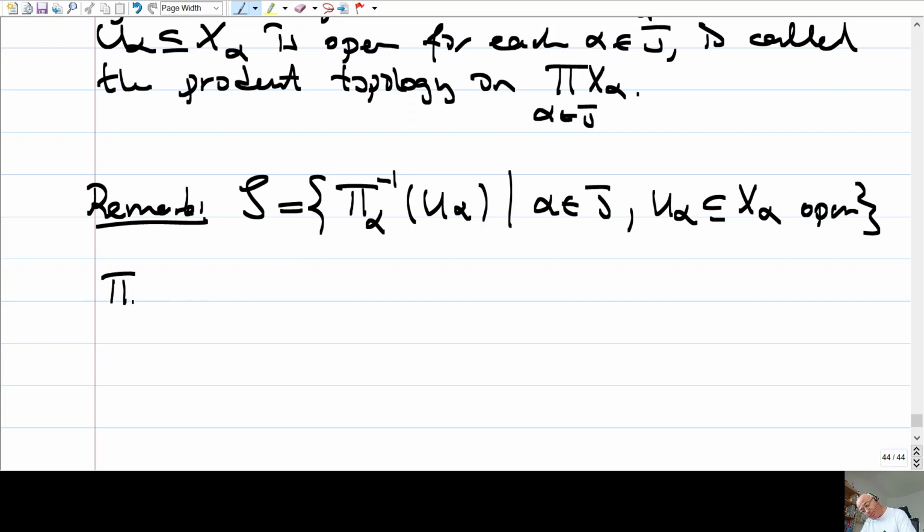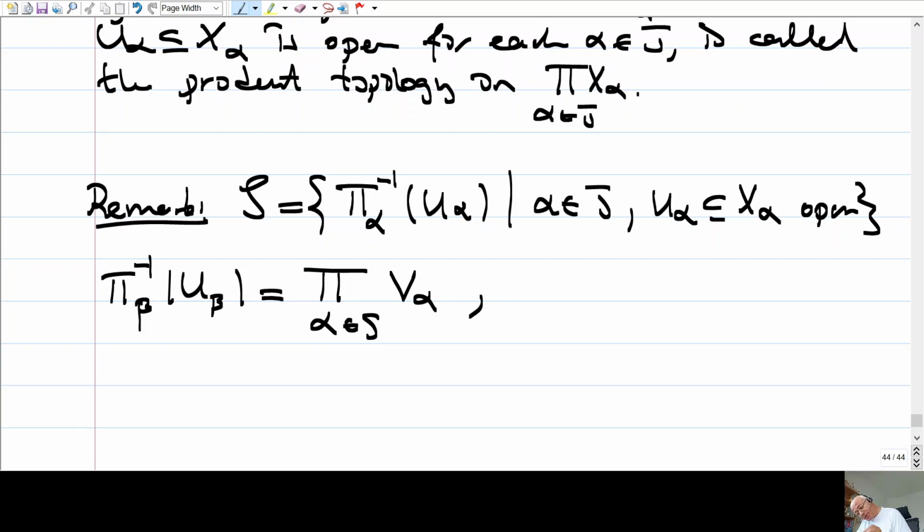What is this element? Well, this is nothing but the following. For any, maybe I should say beta, what is this? This is the product of some V alphas such that V beta, when it comes to beta coordinate, is nothing but U beta, and all the rest is the whole space X alpha, if alpha is different than beta.